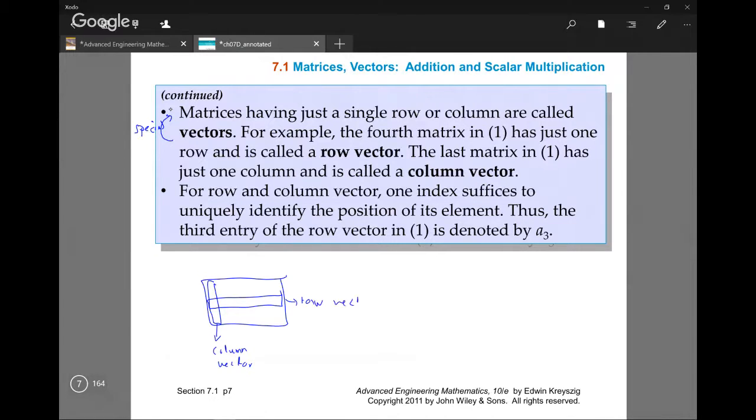So in this case, for example, if I have just a row vector 1, 5, 6, then the third element is this one. So if you have A1, A2, A3, the third element is A3.